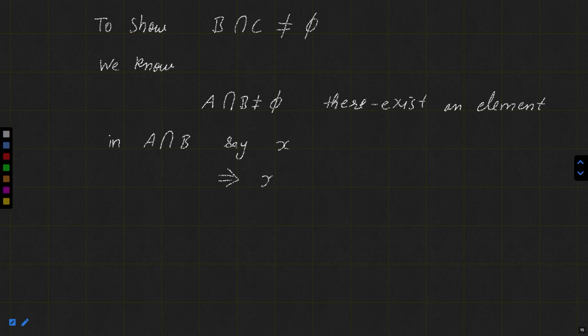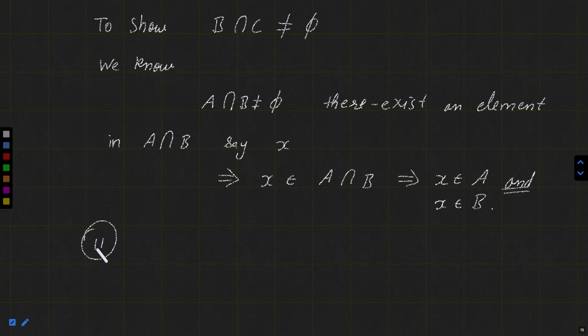This means x belongs to A intersection B. So x will be in A, and it will be present in both, so x will also be in B. Clear?